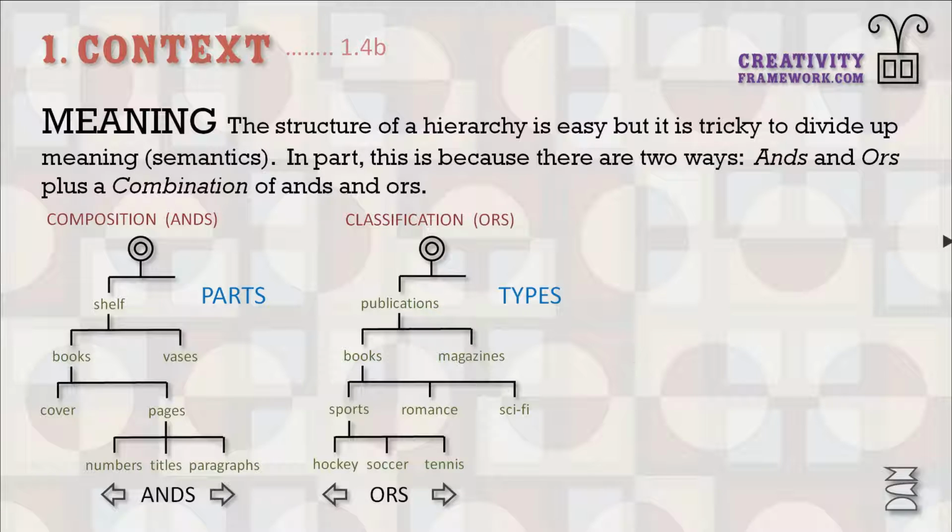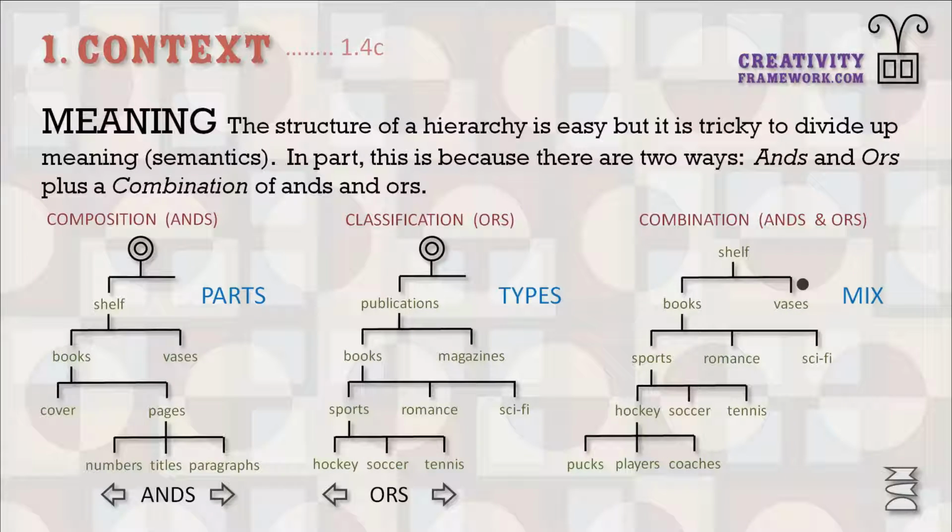We can also mix up the hierarchies, and I was doing that for ages. You know, in philosophy, I've got sketchbooks filled with these patterns, and I didn't realize what I was doing, that I'm doing both composition and classification in the same hierarchy. And if you think about it, this is what's going on in our code. As we're making our lines of code inside, say, a block of code, that is composition. We're composing.